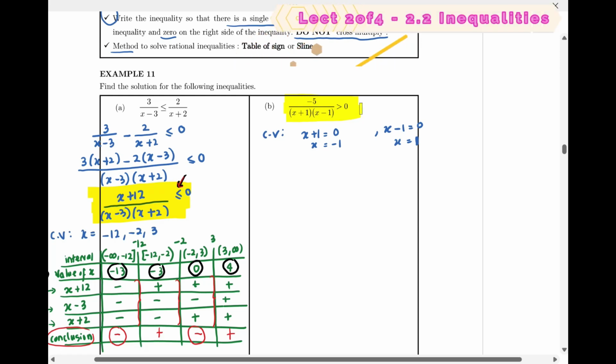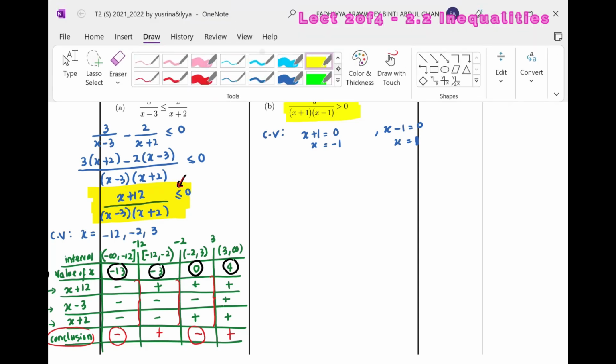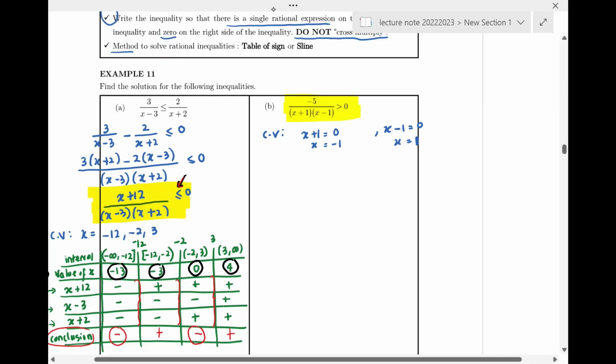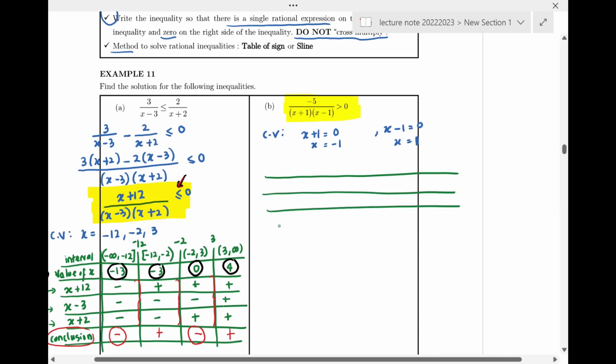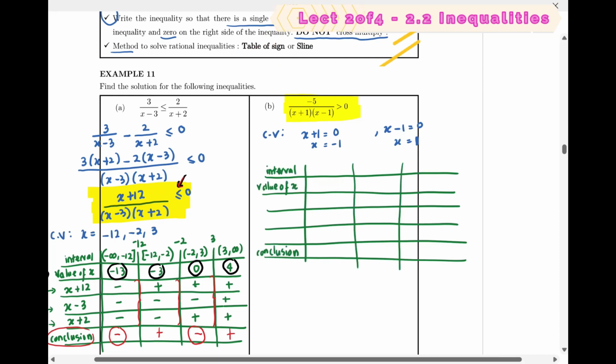So we do the table of sign method first. Table of sign, we use green. Here I put negative 1 and 1 on my upper box.